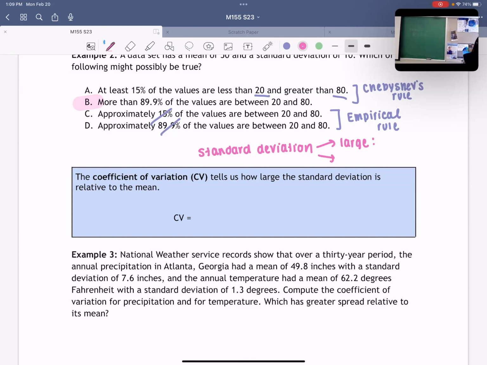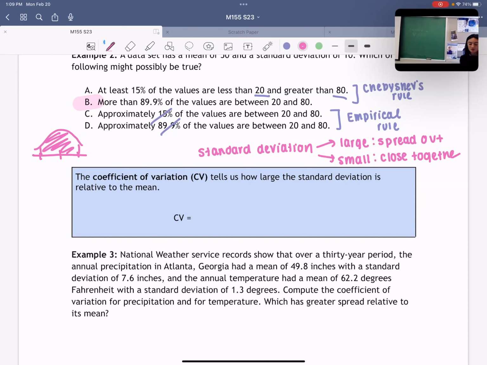Okay, and it kind of makes sense because if I go out 1 standard deviation and 1 standard deviation is really big, then 68% of the data is going to be in that large area, okay? So if you have a large standard deviation, that means your data is really spread out, okay? And if your standard deviation is really small, then your data is going to be really close together.